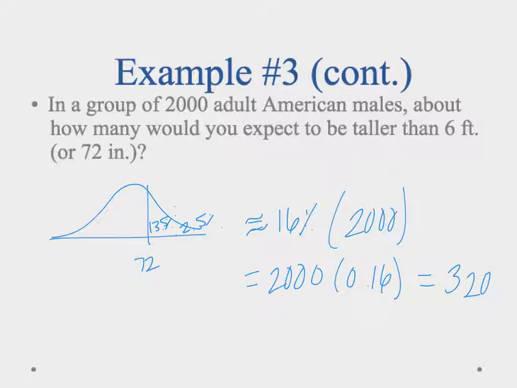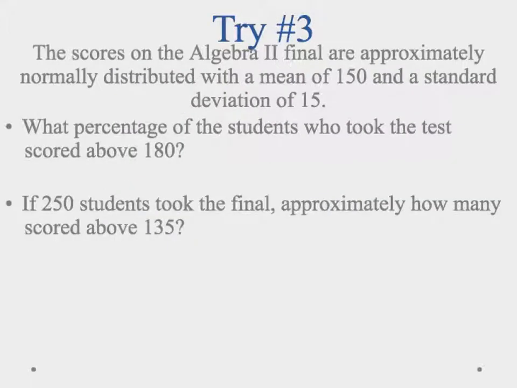All right, let's try the next one. So in try 3, it says the scores on the Algebra 2 final are approximately normally distributed with a mean of 150 and a standard deviation of 15. What percentage of the students who took the test scored above 180? So here we go. Let's do this bell curve. We know 150 is in the middle.